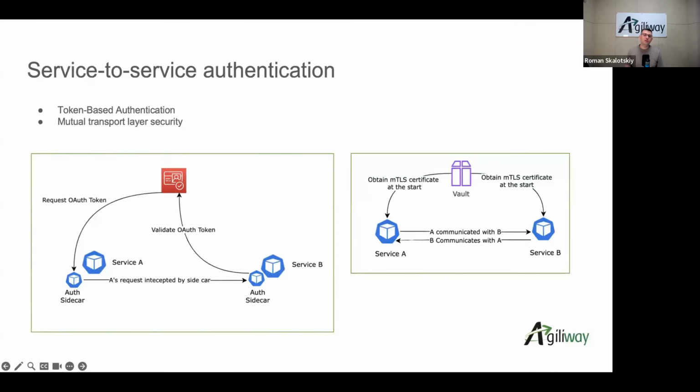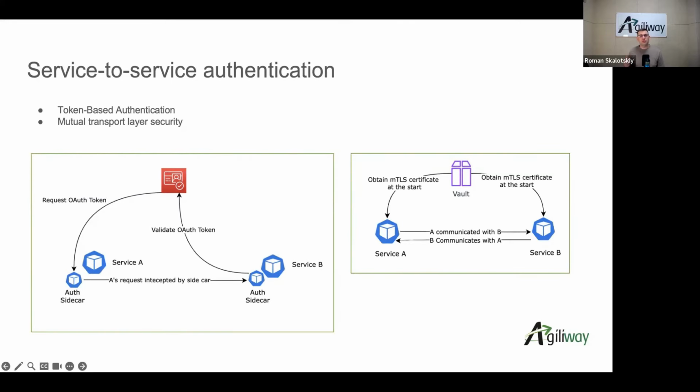Mutual transport layer security, or mTLS: with this approach, each microservice can truly identify who it talks to, in addition to achieving confidentiality and integrity of the transmitted data.